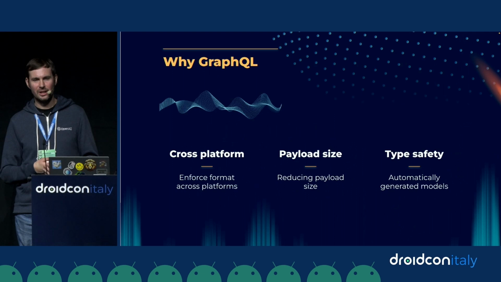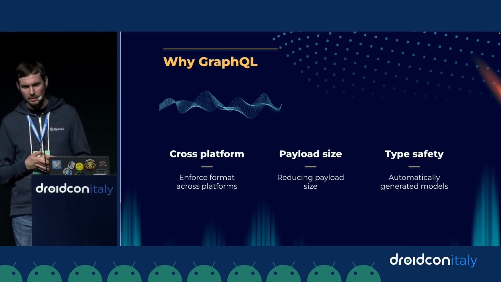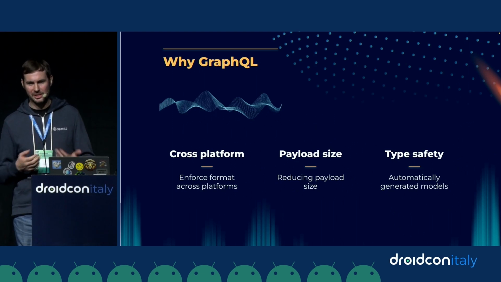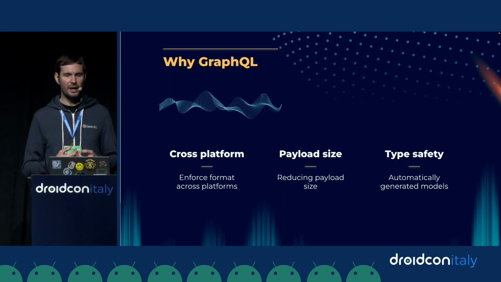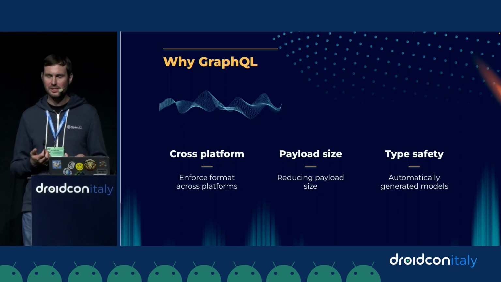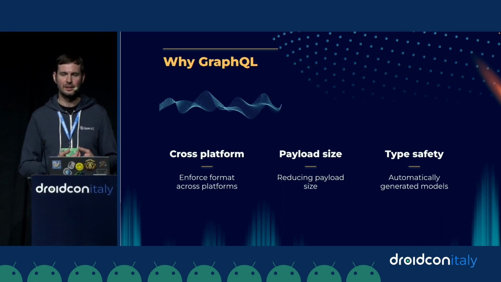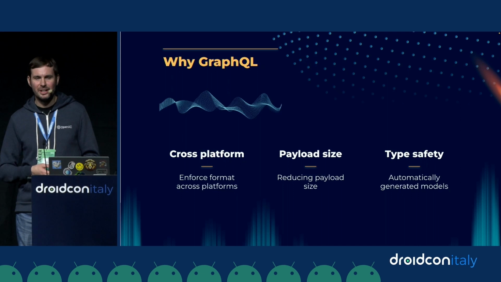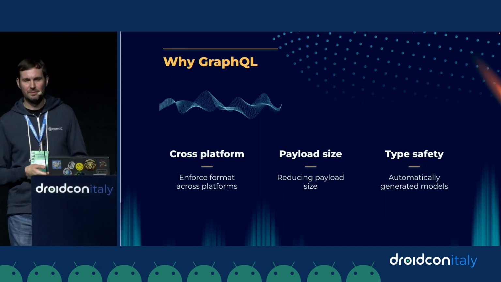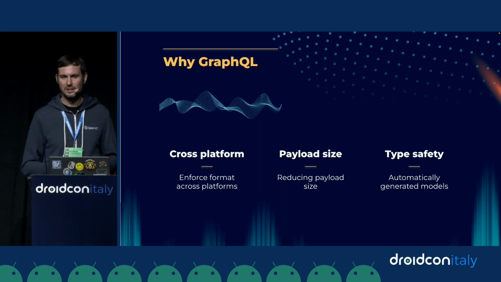Why do we use GraphQL? So the main reason is we want consistency between backend and front end. We move quickly, so sometimes we have breaking API changes on the backend that are not synced to the client. Sometimes there are assumptions about format for some fields in the JSON.